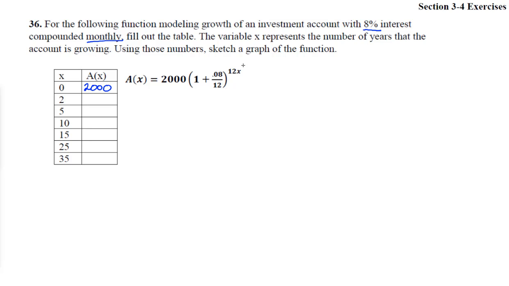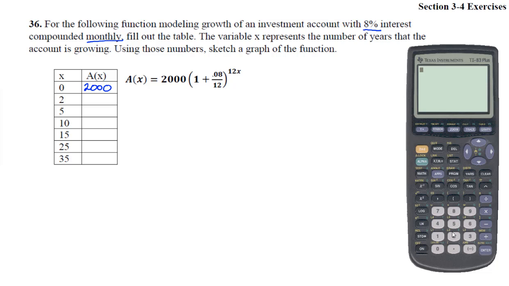Now when we stick a 2 in here, we better punch this out on the calculator. 2,000 times 1 plus 0.08 divided by 12, and then all to the 12 times 2. So we put the 2 right where that x goes in.